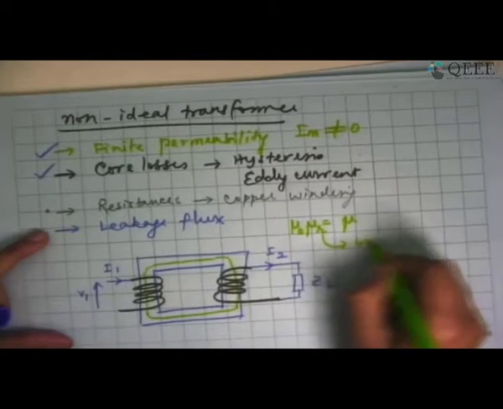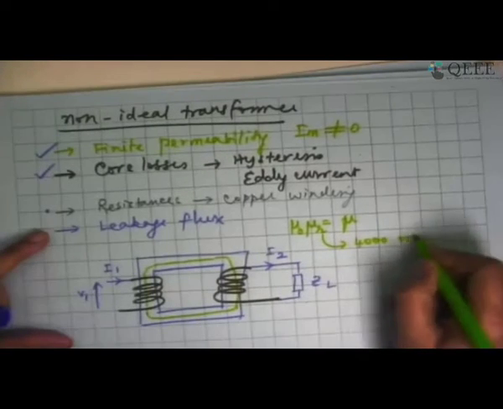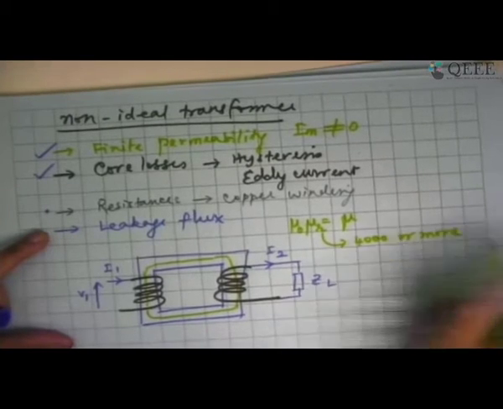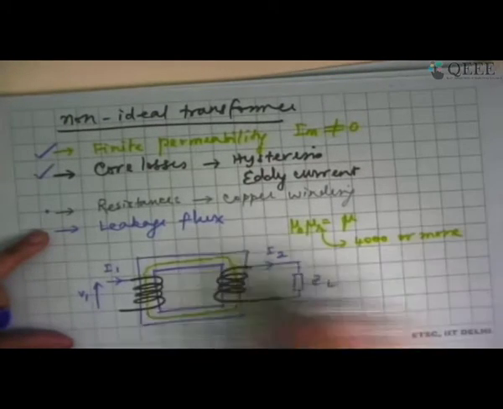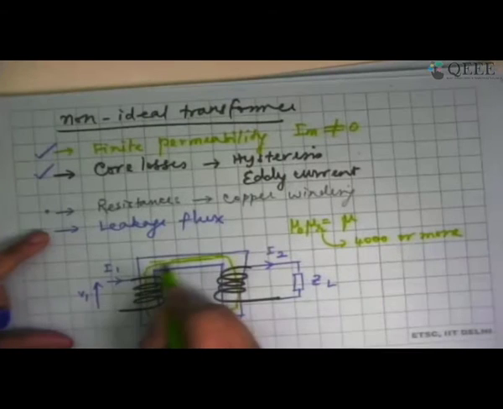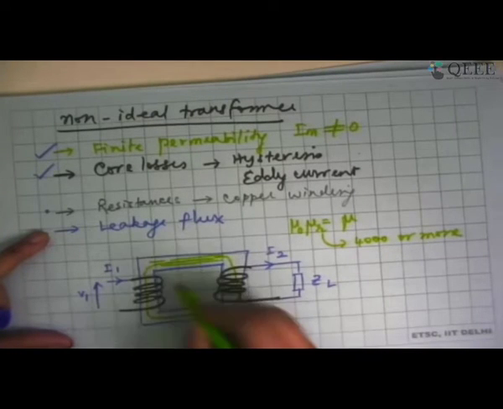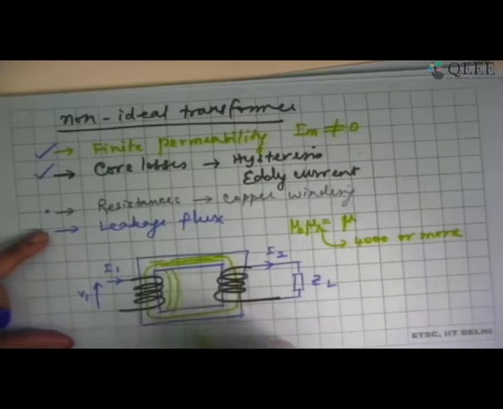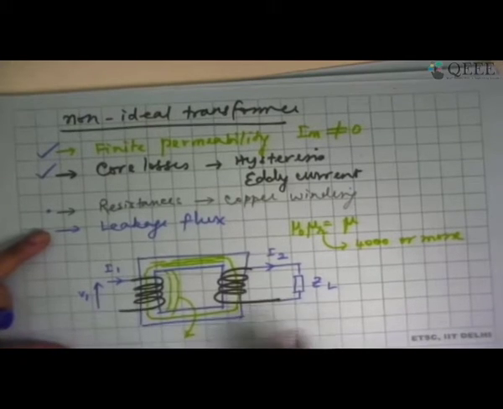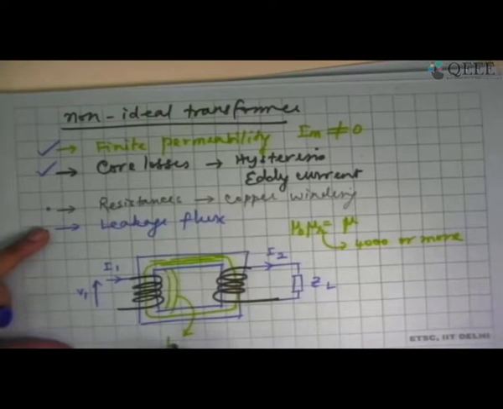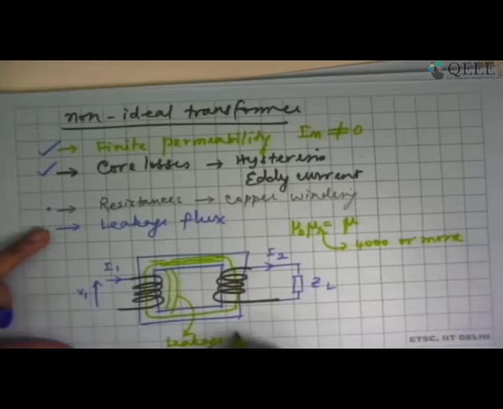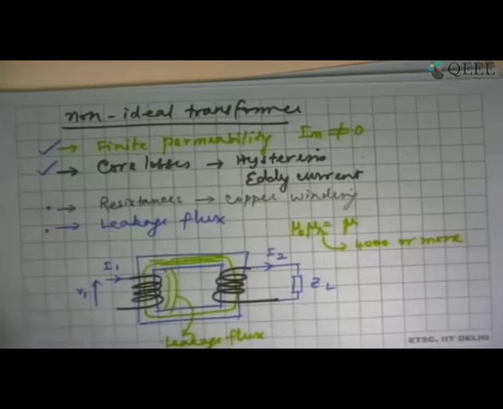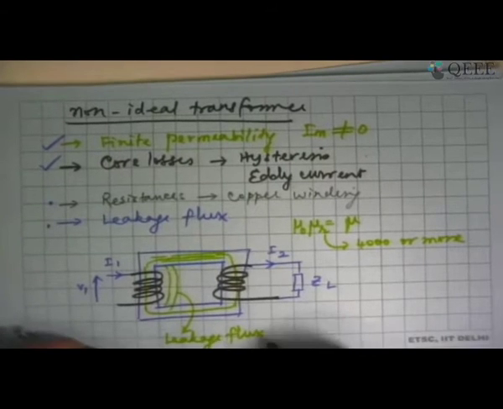Mu R may be 4000 or more. So if I assume that there are 4000 lines going through the core, still there will be 1 or 2 lines which may be coming through the air gap path. And this flux does not link with the secondary winding, so we call this the leakage flux. So leakage fluxes are those which do not link with the secondary winding.